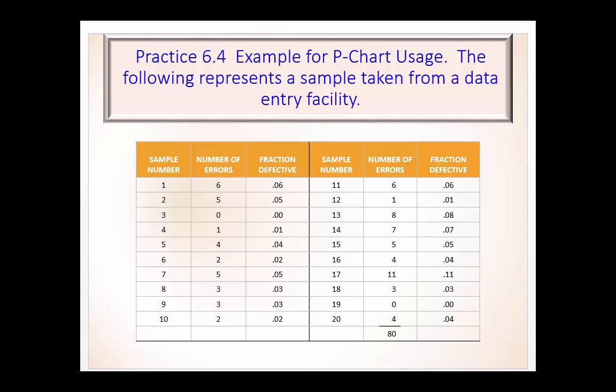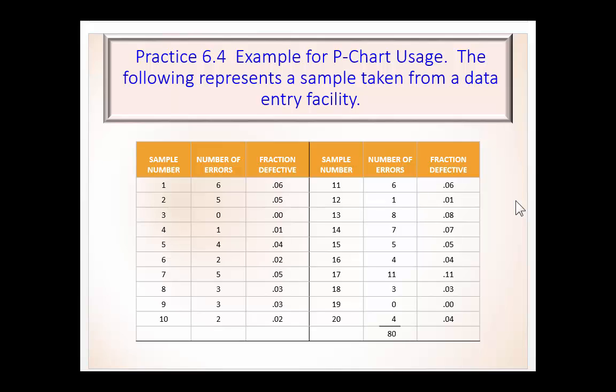Here you have the same data as in your handout on page, well, it's probably page 4. It's example 6.4, practice P-chart usage. The numbers are in a slightly different format. I have them listed down there, but at the very top of the page you can see this, as well as the next slide after this.